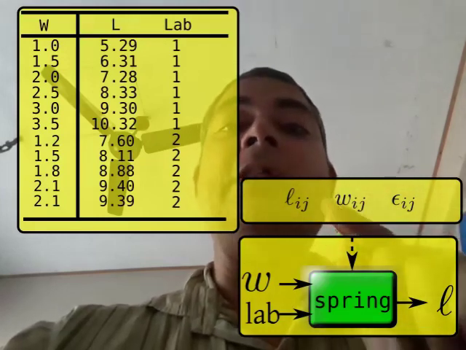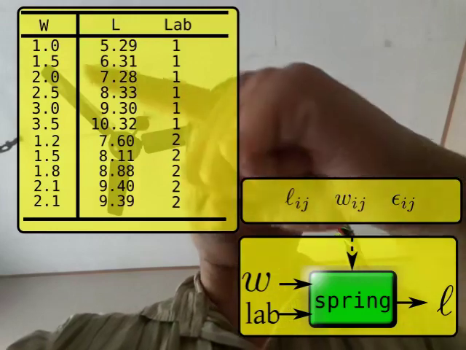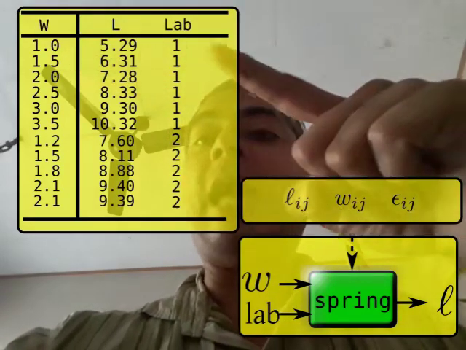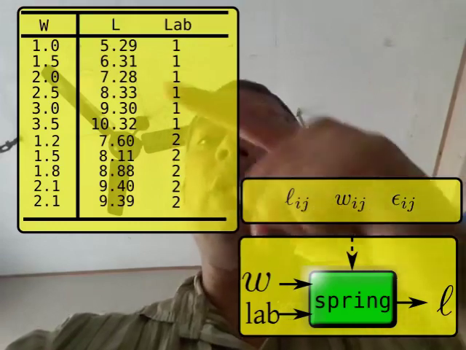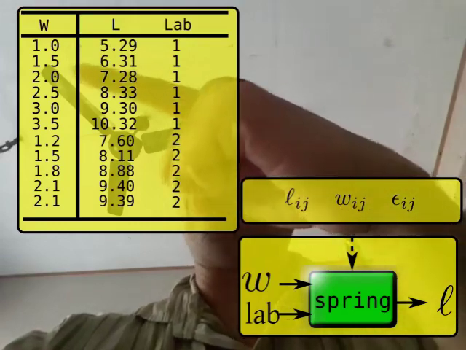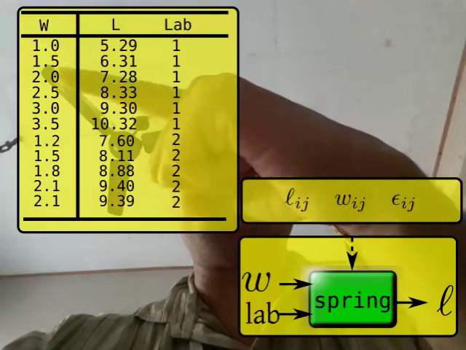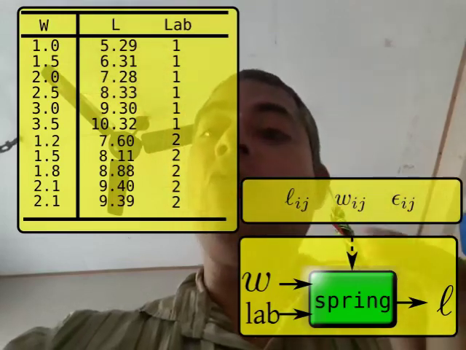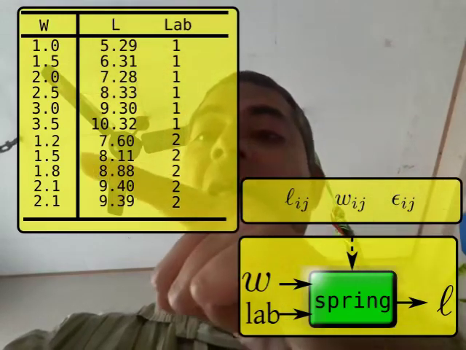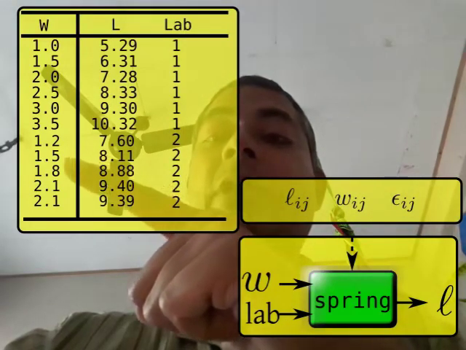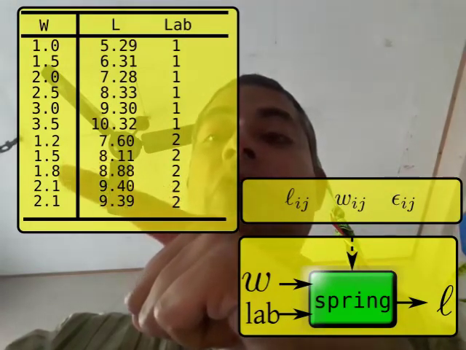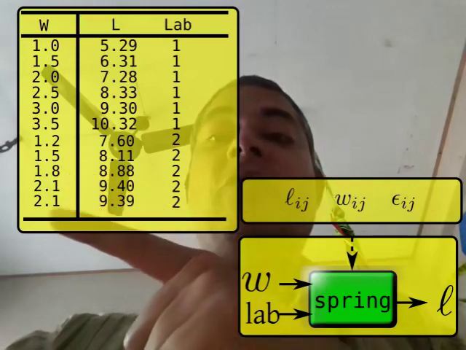For example, what is W_11? W_11 is this 1.0: lab 1, trial 1. W_12 will be this 1.5: lab 1, trial 2. Similarly, W_21 will be lab 2, trial 1, that is this 1.2. And this is W_22, W_23, W_24, W_25.